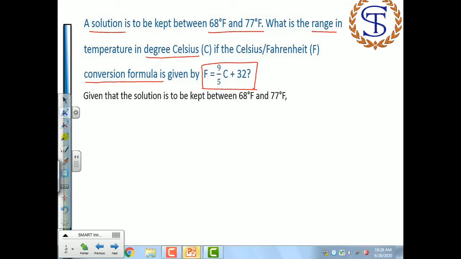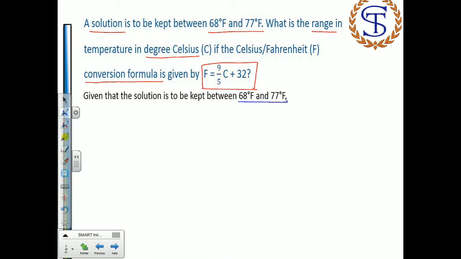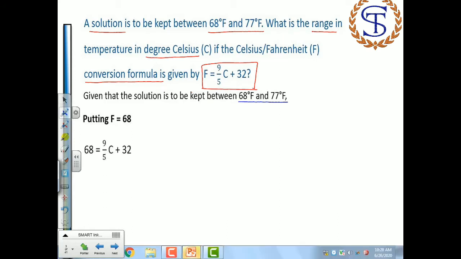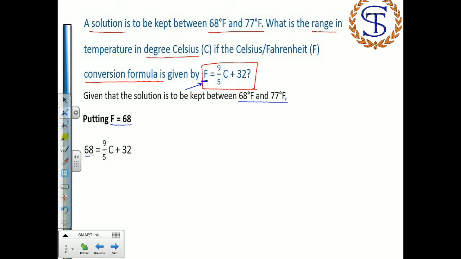Given that the solution is to be kept between 68 and 77, just put F equal to 68 in this conversion formula: 68 equals 9 upon 5 C plus 32.